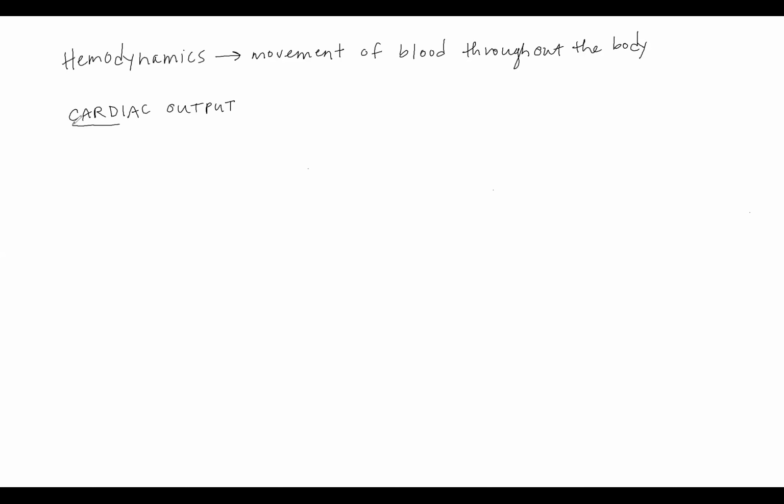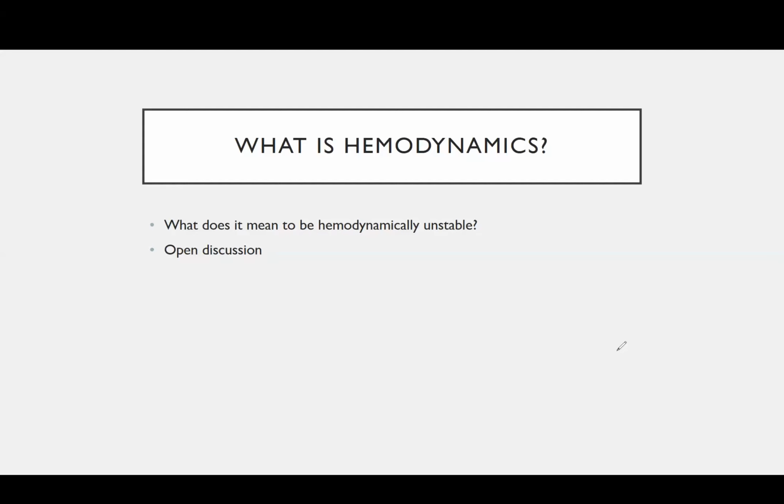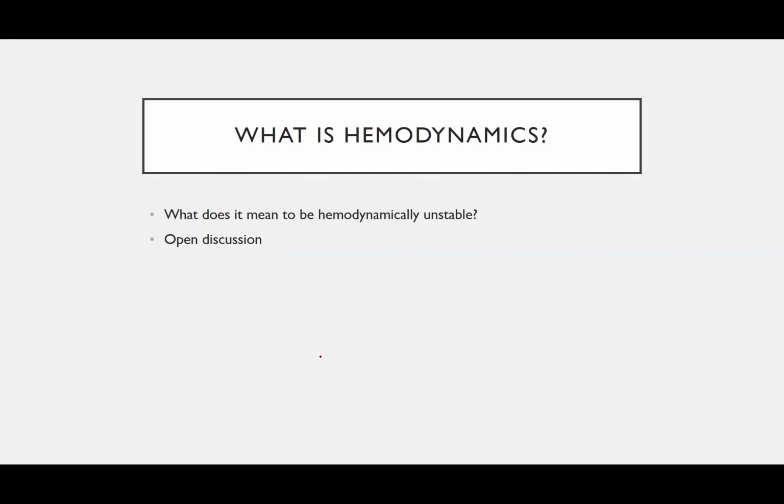We're going to take a quick look at what cardiac output is and why that is important. There is a very long list of things that can influence hemodynamics, and we're going to fill up some of this board in just a minute. But let's look real quick.